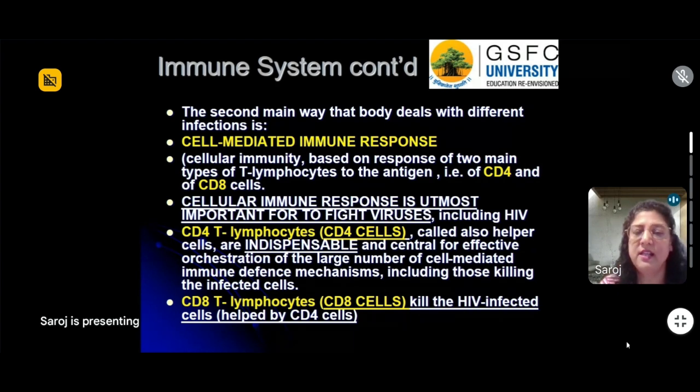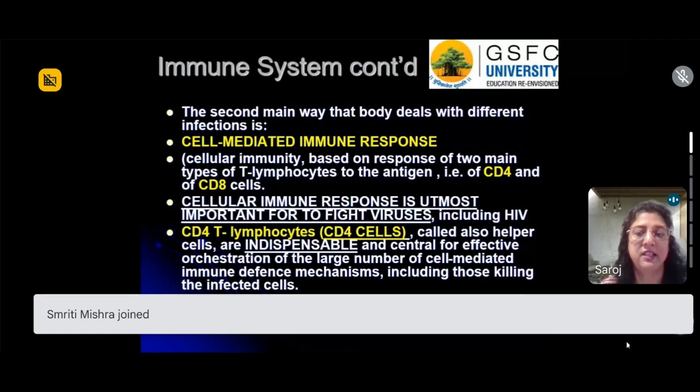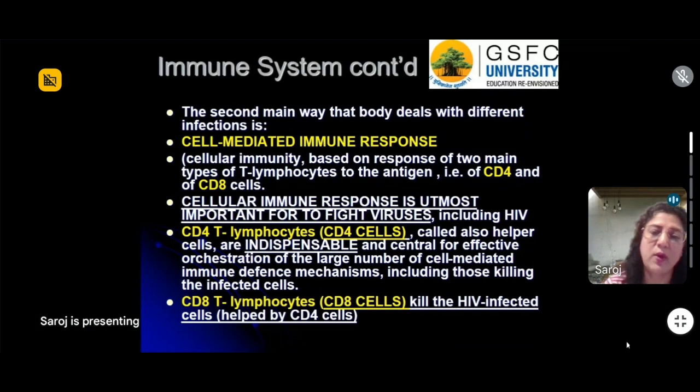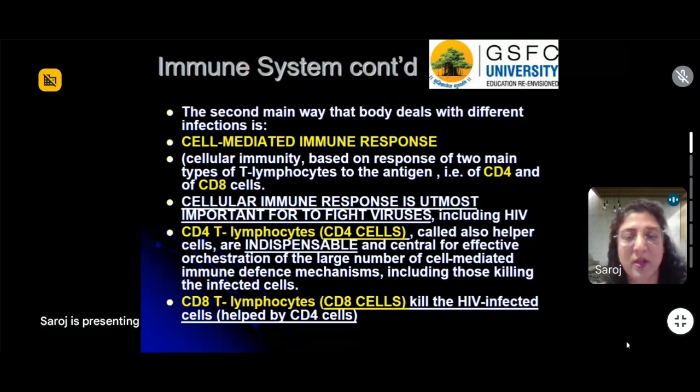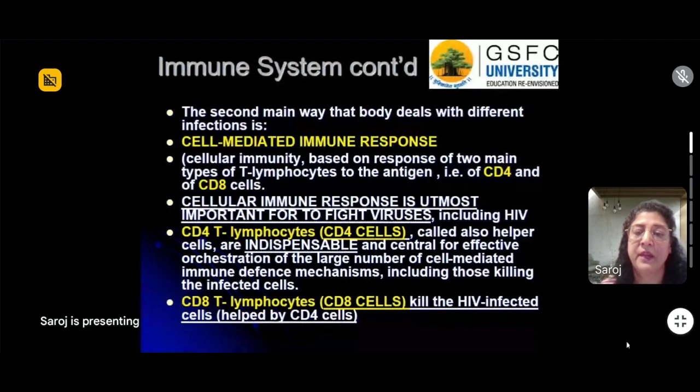They are indispensable, because they recognize the antigens, recognize your virus, and present them via the antigen presenting cells, for mounting a response.